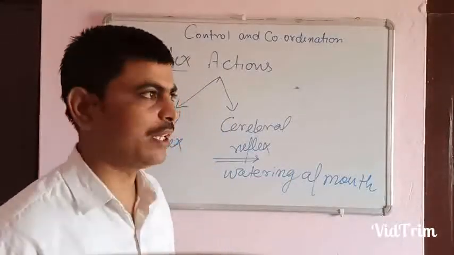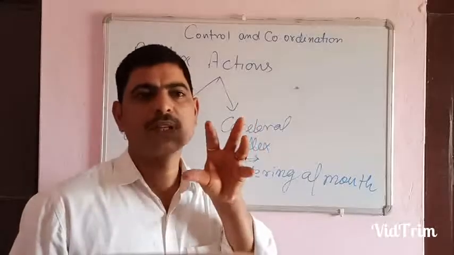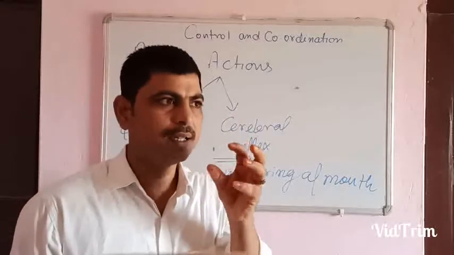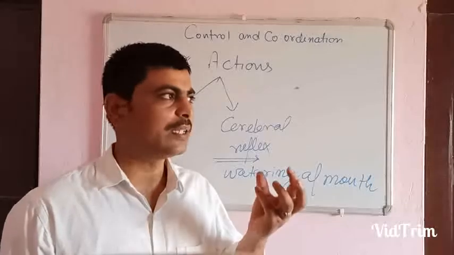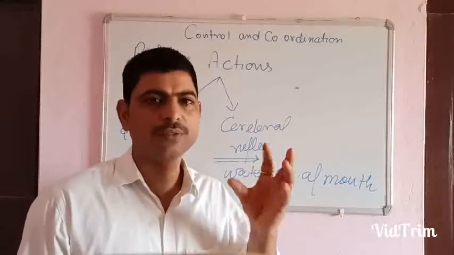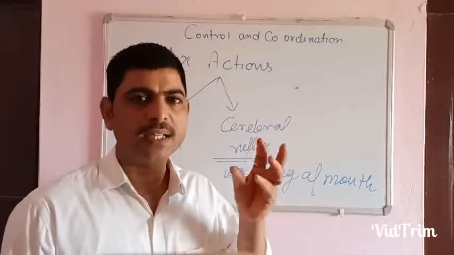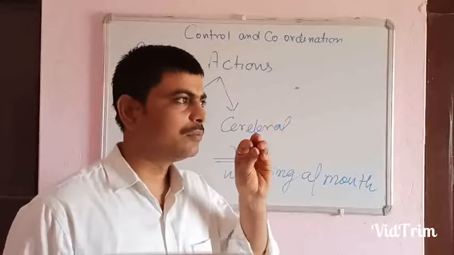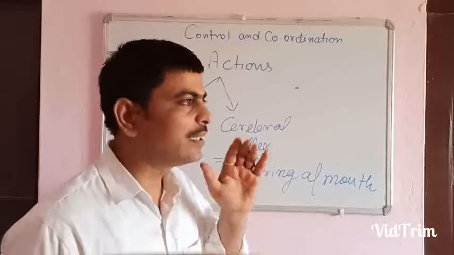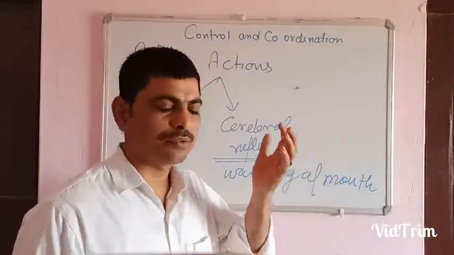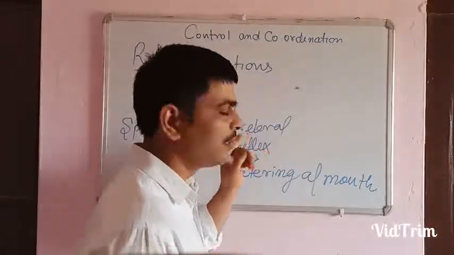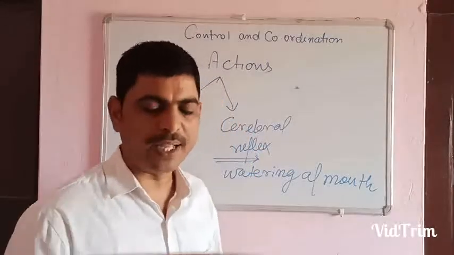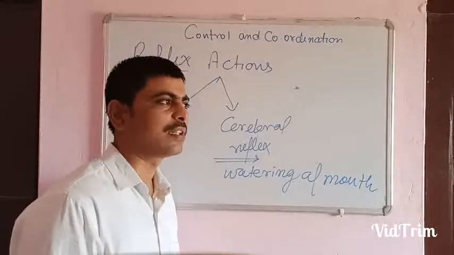You have the experience when someone focuses a bright flash of light over our eyes, suddenly we close our eyelids, and then the pupil size reduces, and that minimizes the entrance of light. That reflex action, closing of eyelids and reduction in the size of the pupil, is done by the cerebral brain, and that's why it is called cerebral reflex.